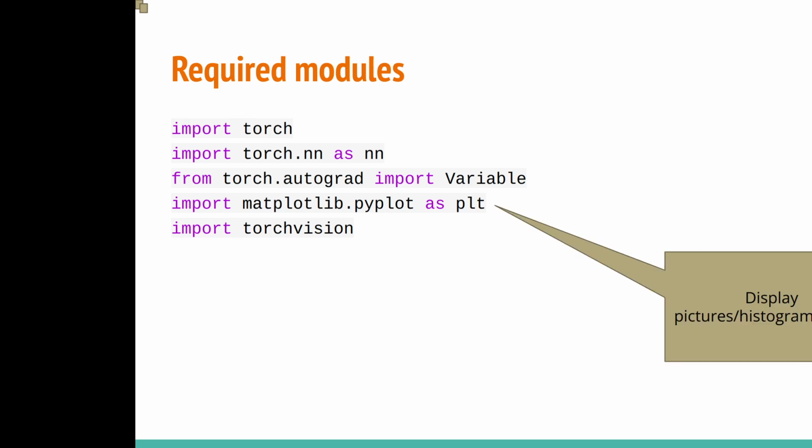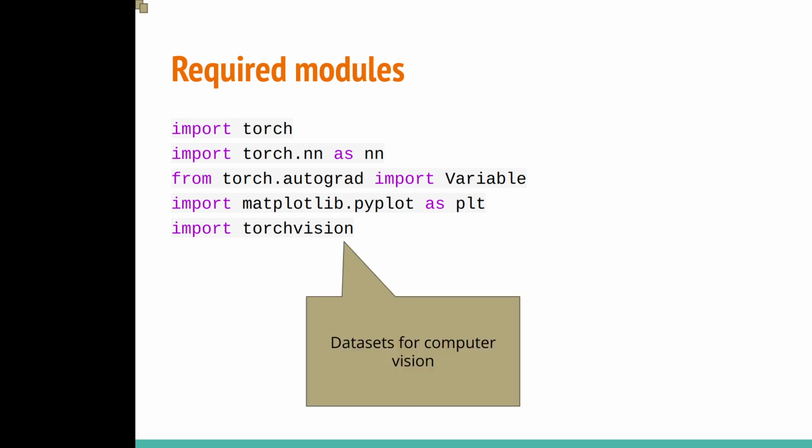And matplotlib is used to draw pictures on the screen. And torchvision, in this module we define the data set and the data loader for computer vision programs. And there are other modules like torchtext and torchaudio for the NLP task and for the audio task.